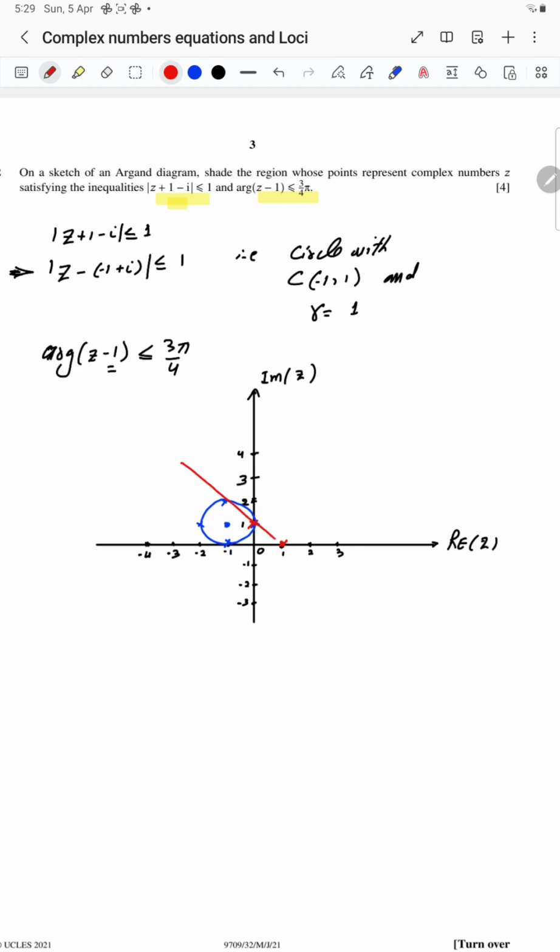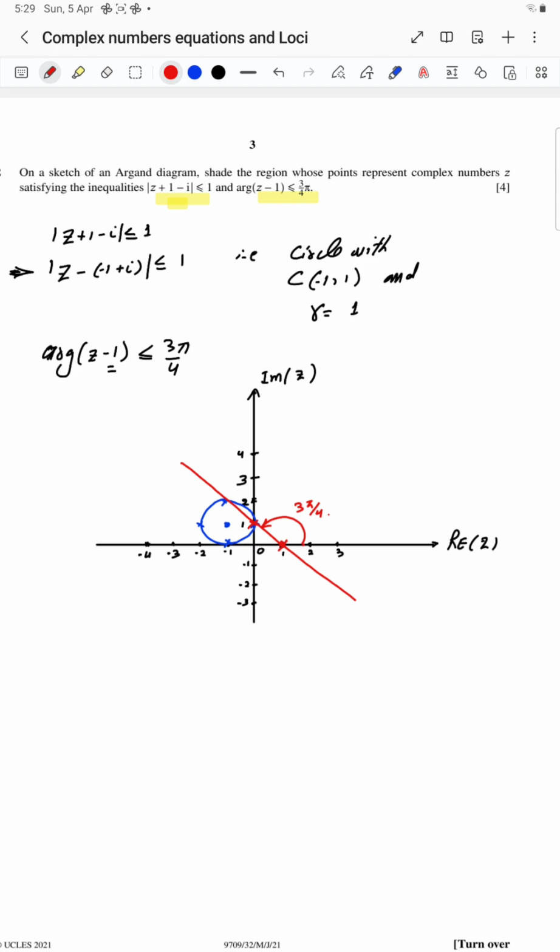The line will be passing through this. So the angle from the positive axis is 3π/4, because here argument of z - 1 means the starting point is 1.